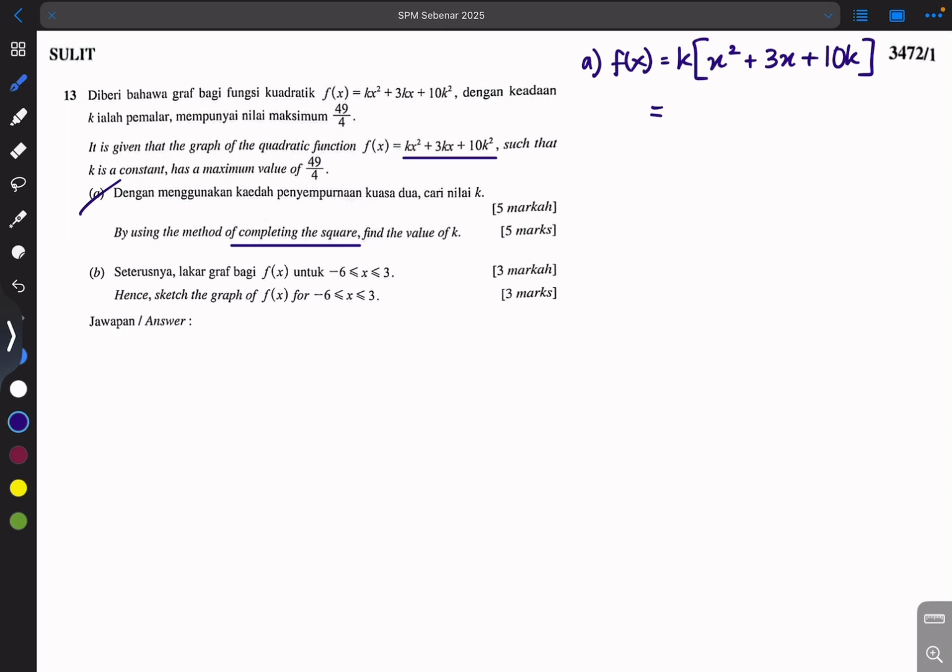Then the next step is you break this down over here. Then we write this as usual, where we broke down here, we plus bracket square minus bracket square. Then continue back with the 10k.